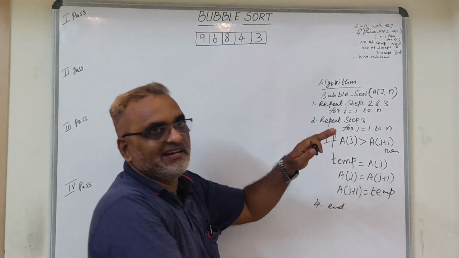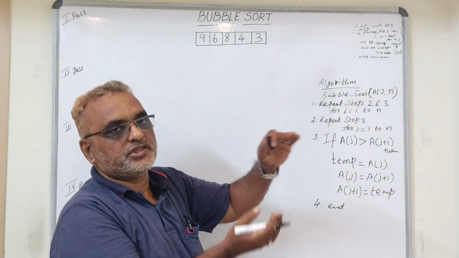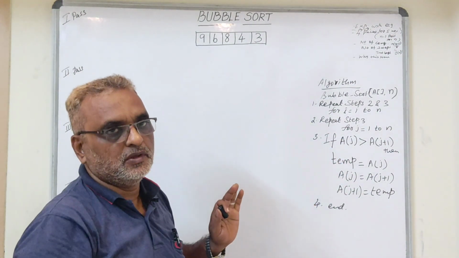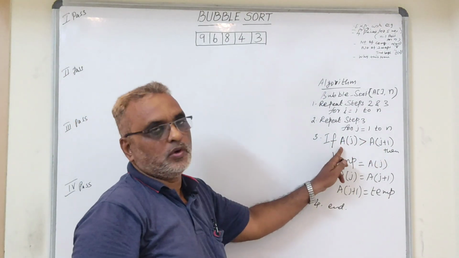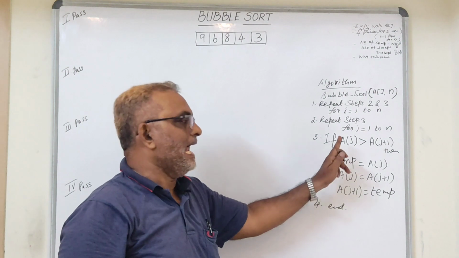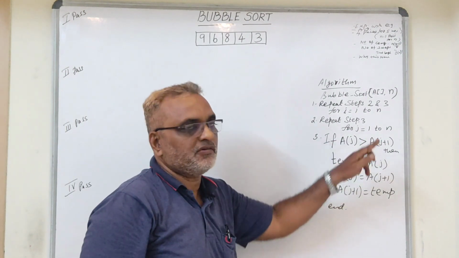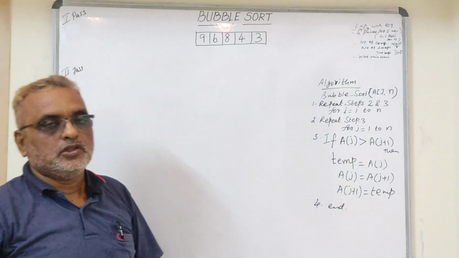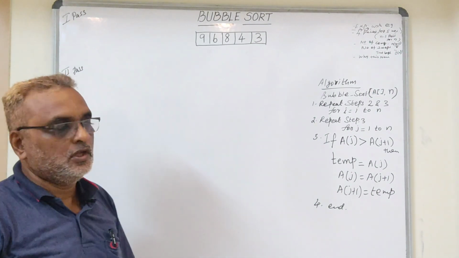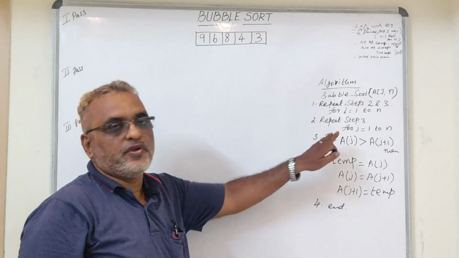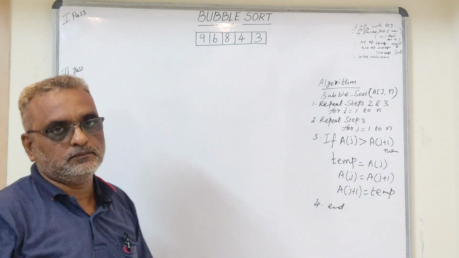Swap is nothing but interchanging the position of the elements. The value of A[j] will be stored in the place of A[j+1], and A[j+1] will be stored in the place of A[j]. This is what is called swapping. It is nothing but interchanging. That is what we have to do if the condition is true.